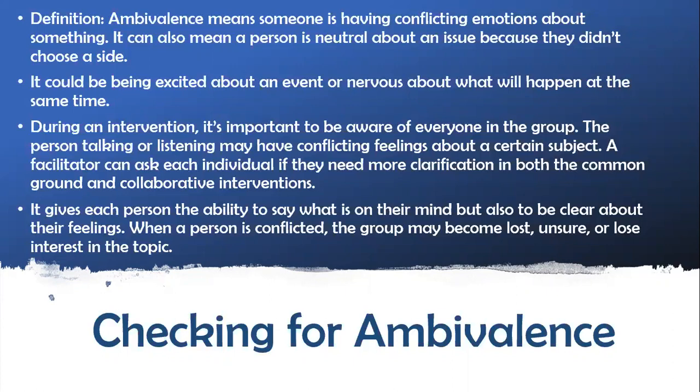A person talking or listening may have conflicting feelings about a certain subject. The facilitator can ask each individual if they need more clarification in both the common ground and collaborative interventions. It gives each person the ability to say what is on their mind, but also to be clear about their feelings. When a person is conflicted, the group may become lost, unsure, or lose interest in the topic.